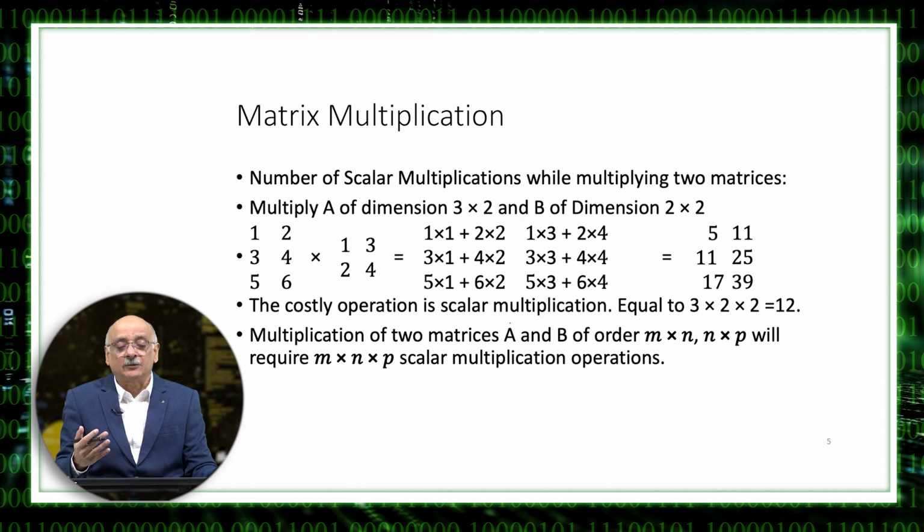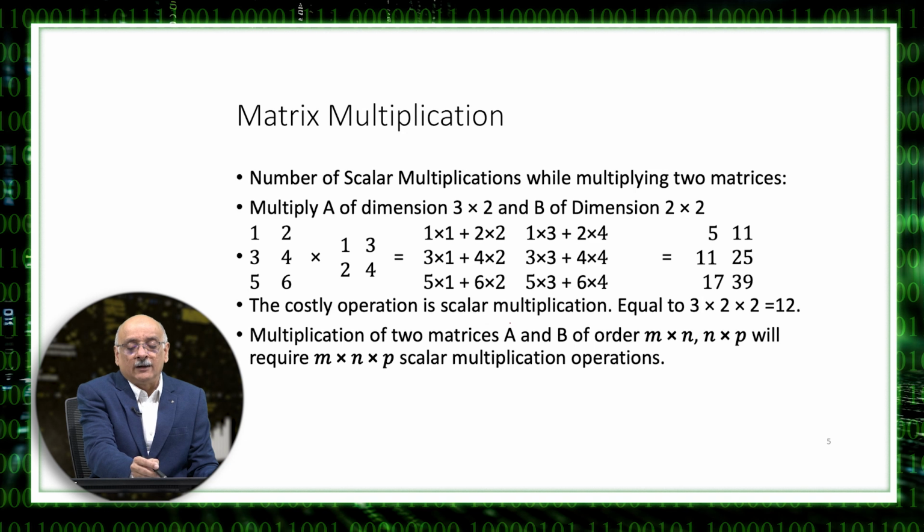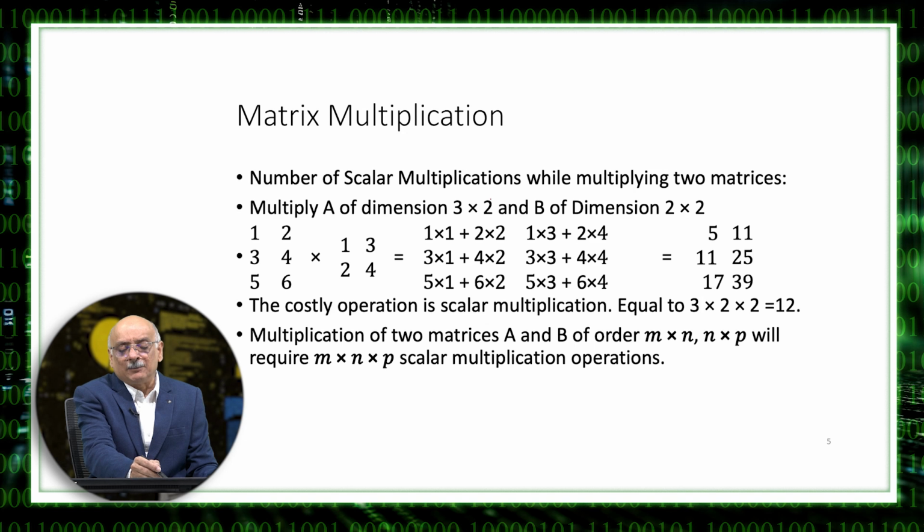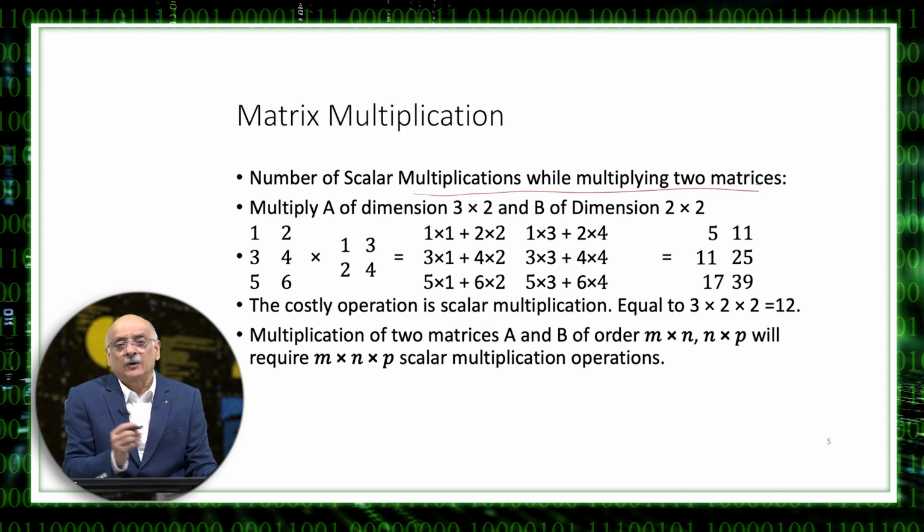Let us try to understand matrix multiplication with the help of a very simple example, how you multiply two matrices. In order to do that, we will also try to ascertain some basic facts about matrix multiplication. What we want to ascertain is, suppose I am multiplying two matrices, how many scalar multiplications would be required?